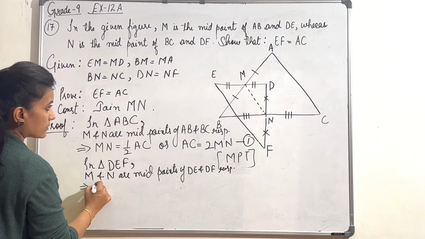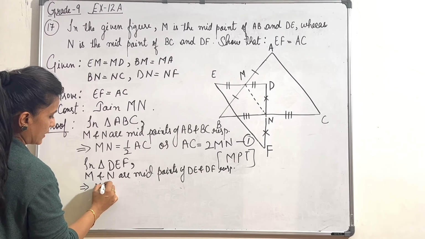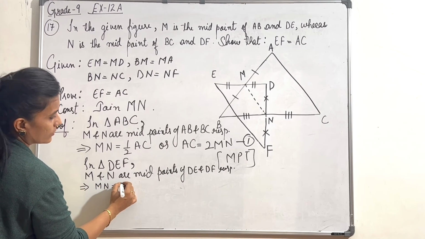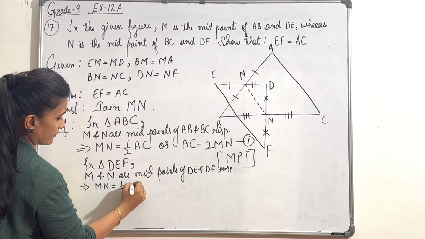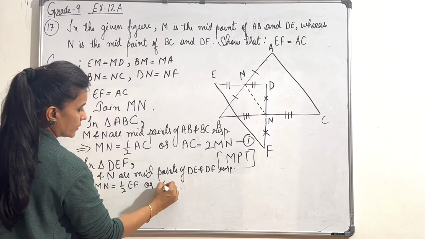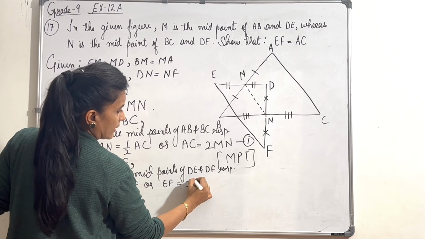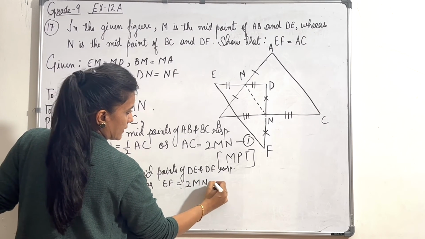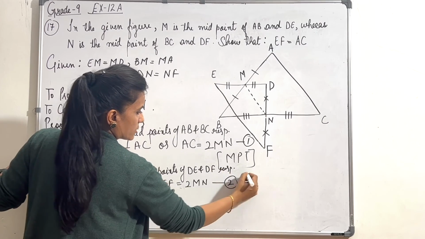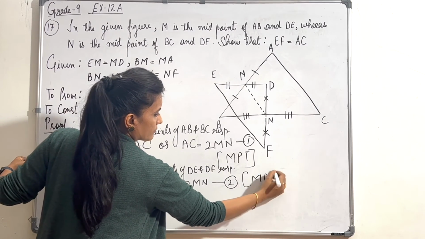This implies MN will be equal to half of EF, or you can say EF is equal to double of MN. Let's say this is number 2. This is also from the midpoint theorem.